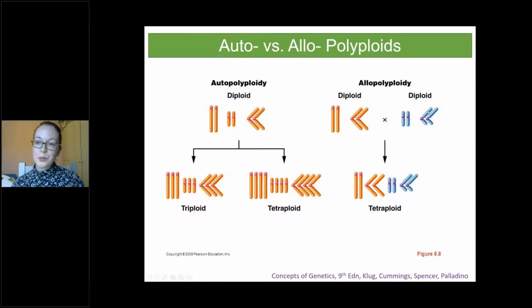It might be that two diploids hybridized to make an allotetraploid, so you can have a very different origin for the different sets of the genome. But what we're talking about today, because potato is an example of one of these, is autopolyploid. So in an autotetraploid like potato, the four copies of each chromosome have the same origin.